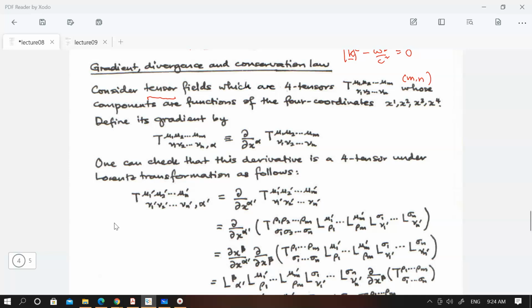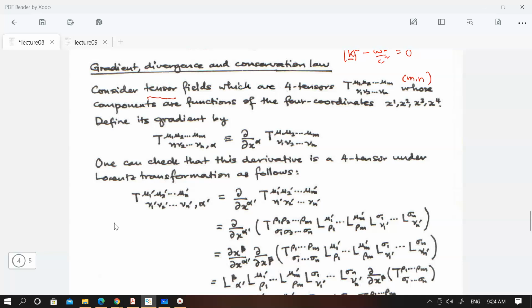So what one can do is take the derivative with respect to x alpha, and the shorthand notation one usually uses in relativity is to write this as comma alpha.